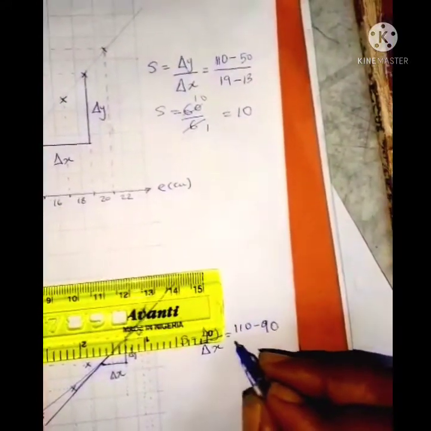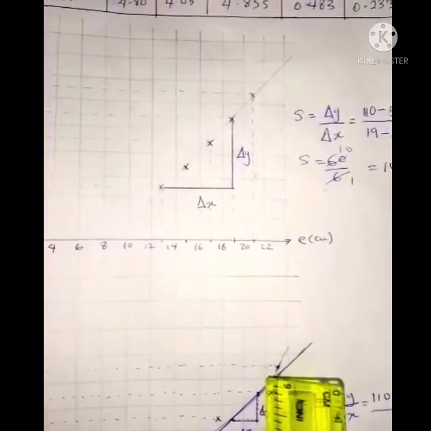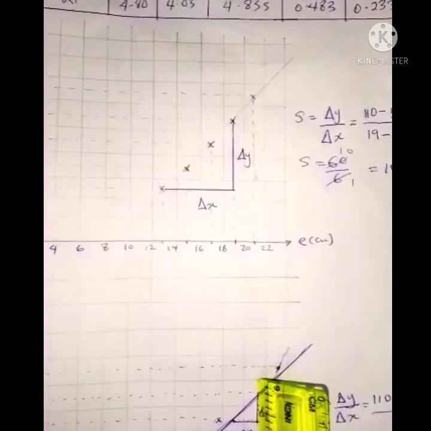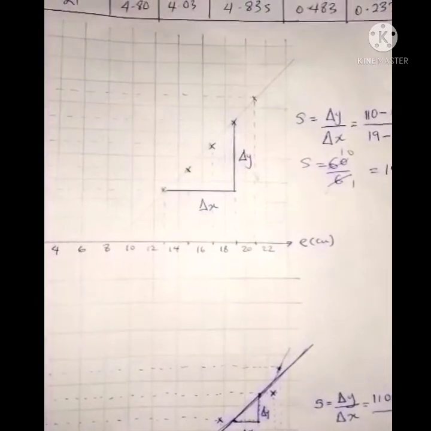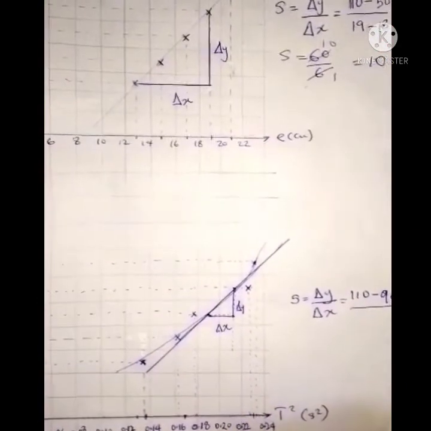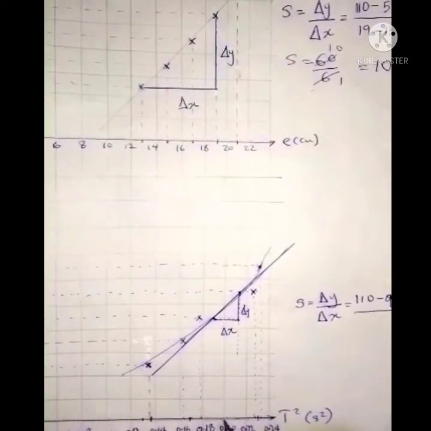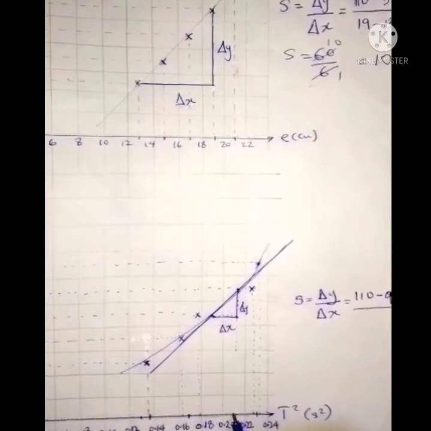Okay, then for x, the first part is at this point. So if it's at this point, that should be 0.20. The center will be 0.21, right?